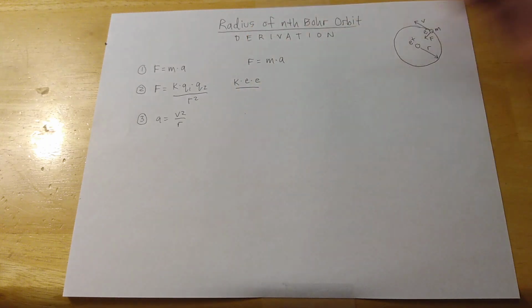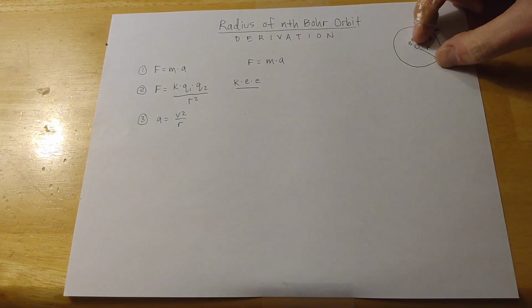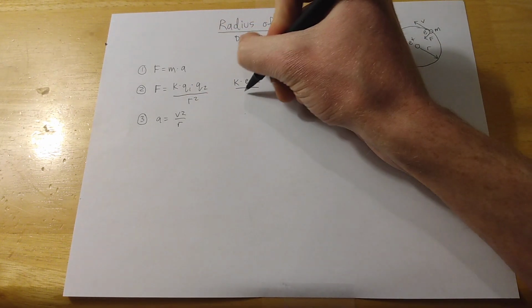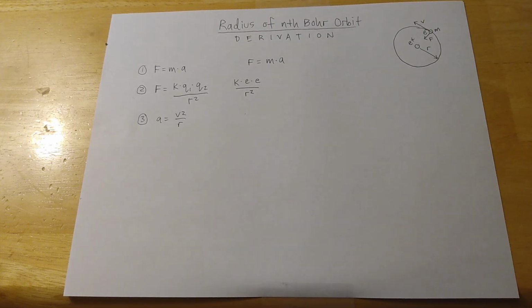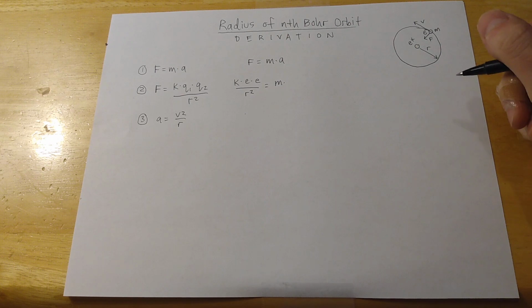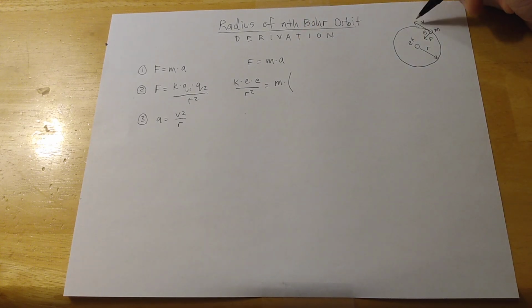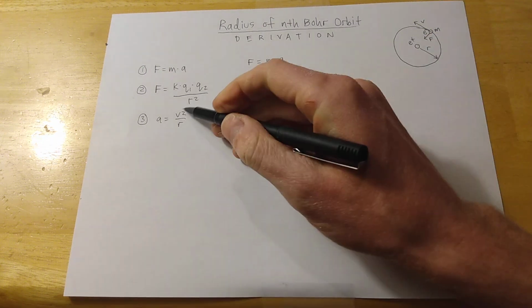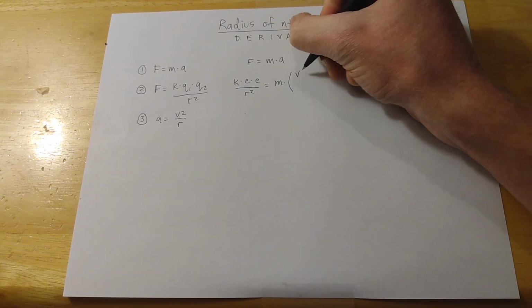Our distance between our two charges is in fact r, so we could just leave it as r squared, as it's an inverse square law. And then our mass stays the same, which is the mass of the electron, and then multiply that all by the linear velocity squared divided by the radius.